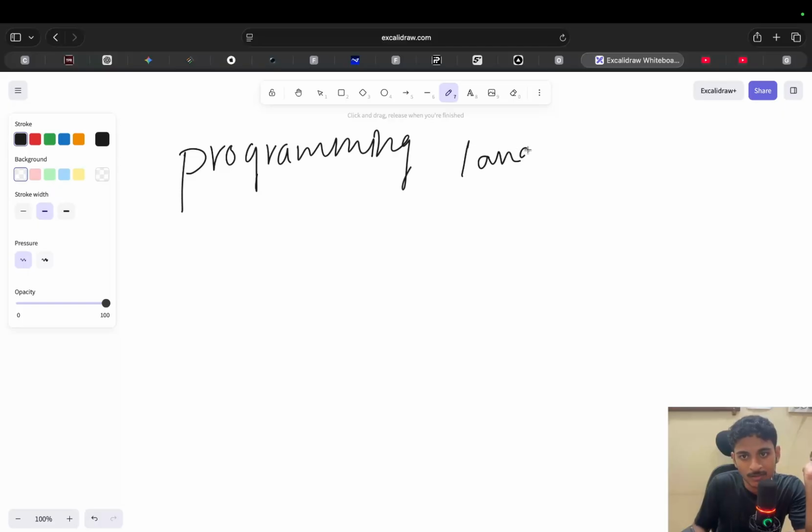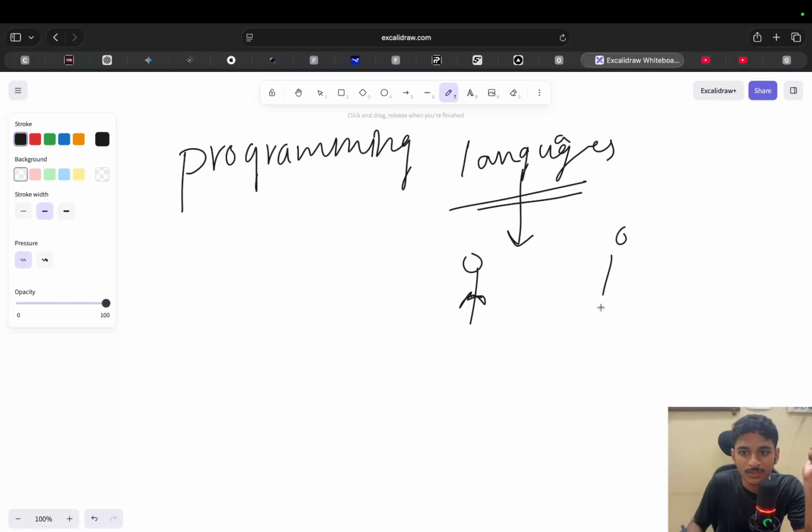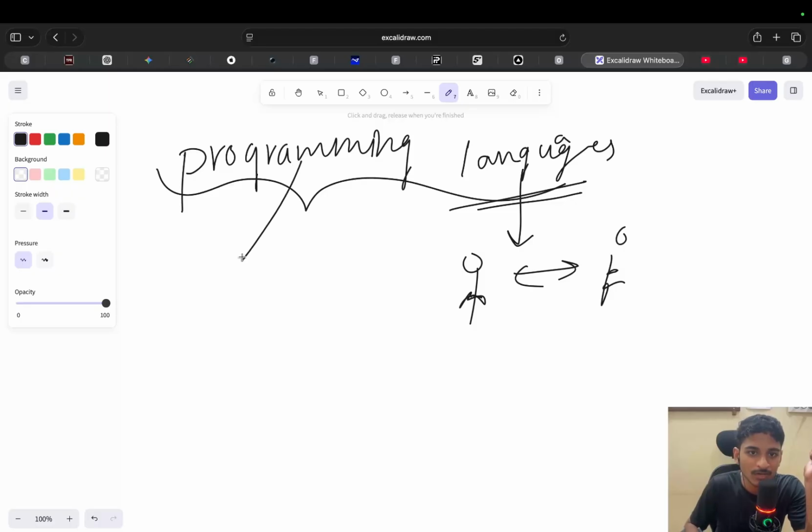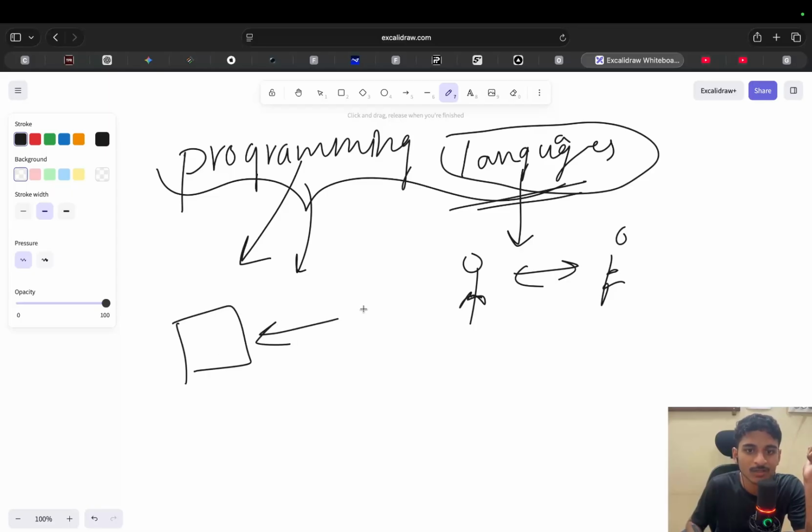Programming languages. What is language? Language is a medium through which different people can communicate. And here it's a programming language. There are different languages in which we write programs through which we can interact with a computer.